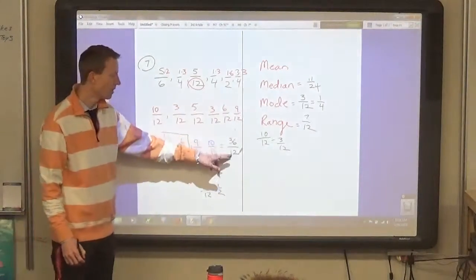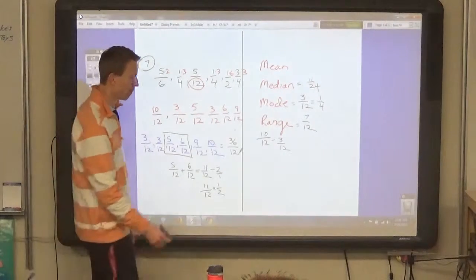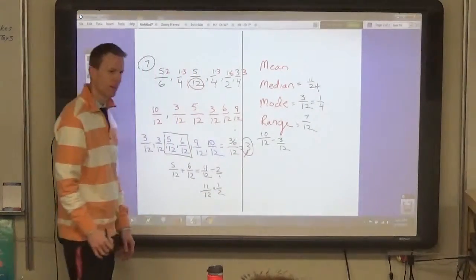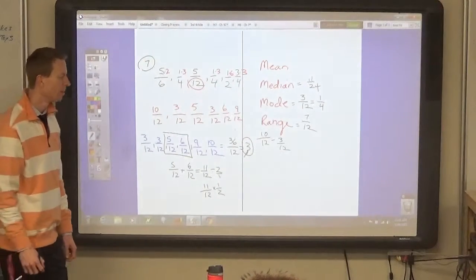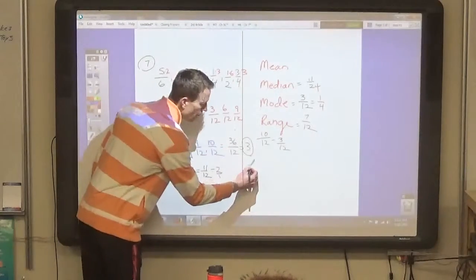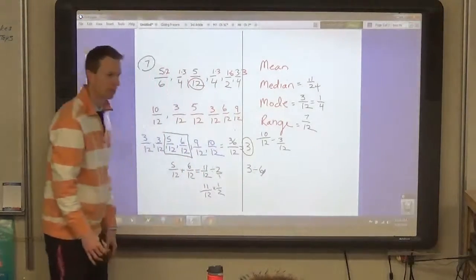What do you notice about 36/12? Can we reduce that? Yeah. To what? 3. Could we use that then? Yeah, we could. Since these are equal, we could do 3 divided by 6.